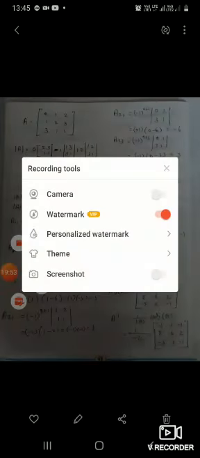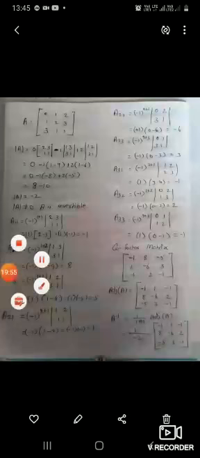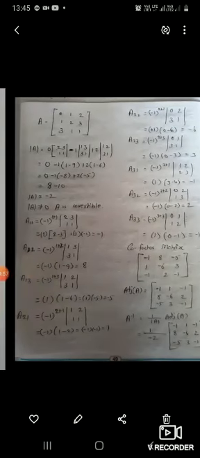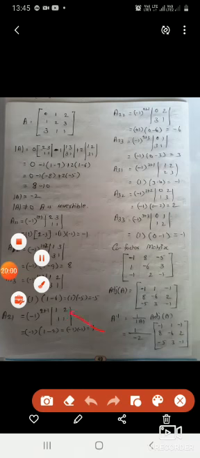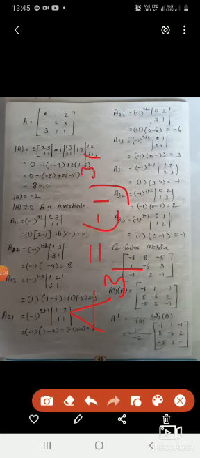Then randomly A13, A21, A22, for example A31. Suppose I want to take A31. I will write minus 1 the whole power 3 plus 1.